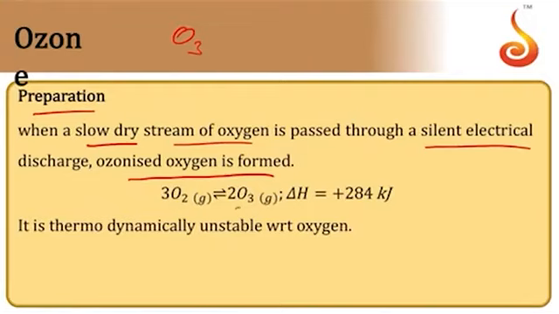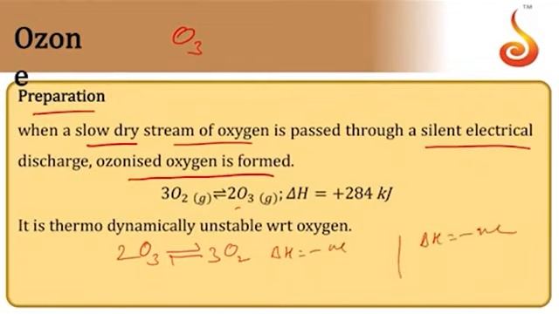And thermodynamically, O3 is not stable with respect to oxygen. The reason is that whenever O3 decomposes, say giving rise to O2, it is 2 O3 giving 3 O2. This is definitely exothermic in nature, so delta H is going to be negative. And delta S will be positive because the number of moles is increasing.